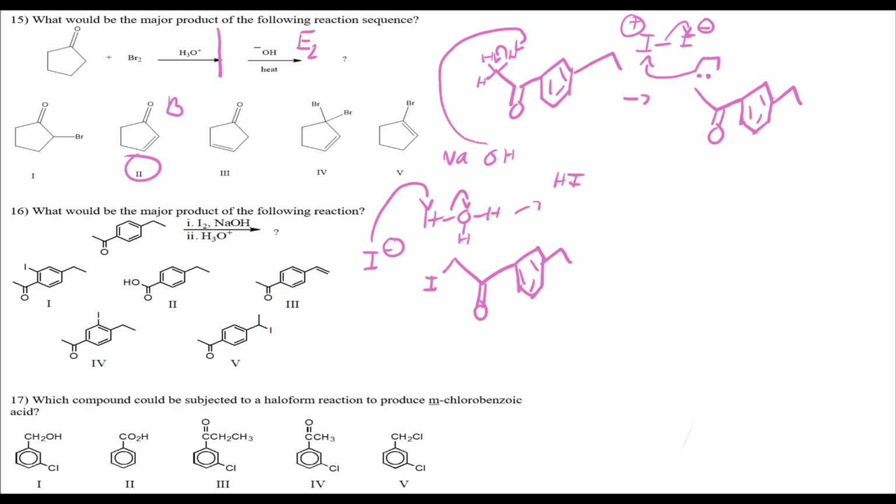And now, this iodine is going to pop off to make a carbocation, and this oxygen is going to attack that carbocation. That's kind of like the trick in this question. Alright, so now we added the water.